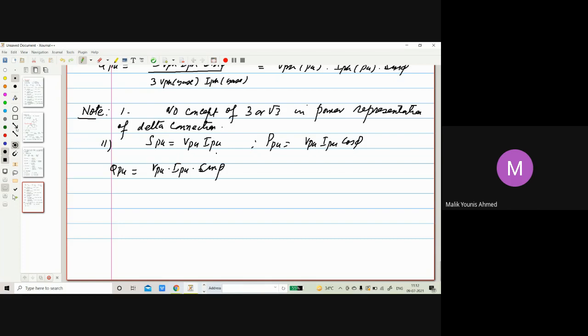Again, you can draw the power triangle for your knowledge. This is the way to draw it. So this is phi. This will be the real power. In quadrature, there will be the reactive power. And finally, there will be the complex power.